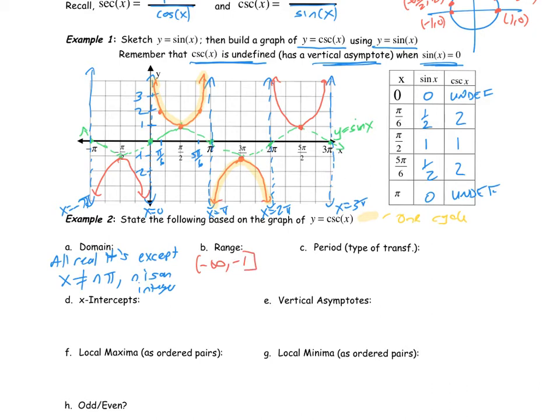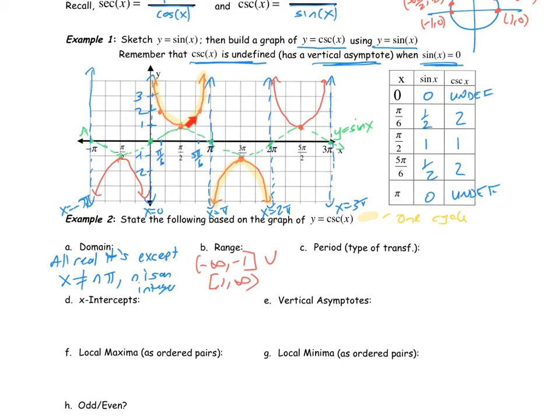But then when we get to -1, between -1 and 1, we don't have any values. And then beginning from 1 all the way up to +infinity, those values are part of the range. So we're going to have -infinity to -1 inclusive, union, square bracket, 1 to infinity. That's the range.